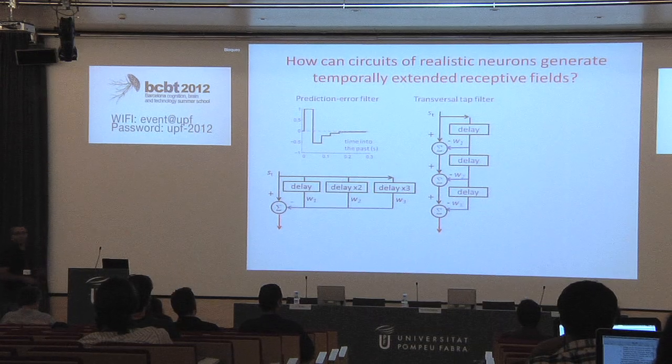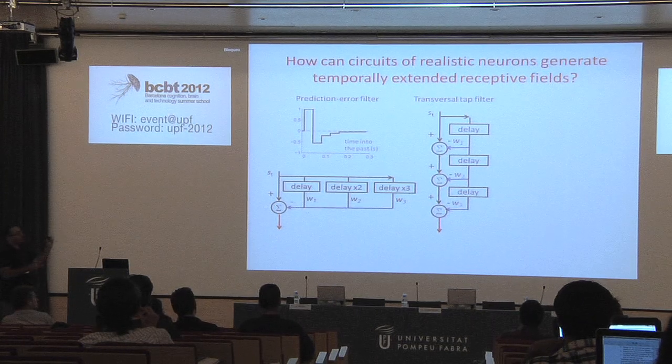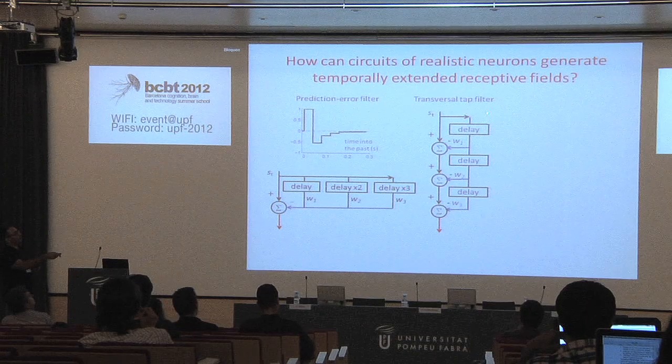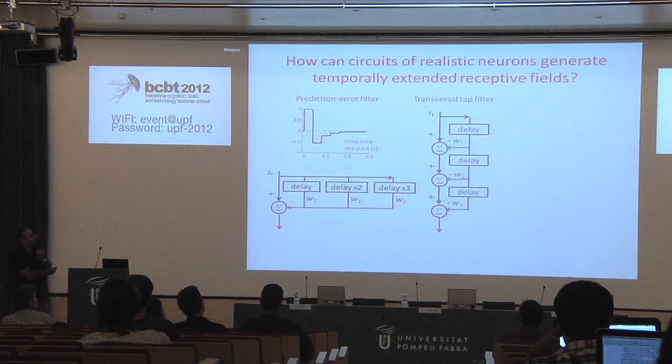Okay? So there is a way to use components with a short time delay, like actual biological neurons, to stack together to produce long delays. And in fact, I think the scheme has some value to it, because it suggests that the visual system might have two pathways running in parallel.